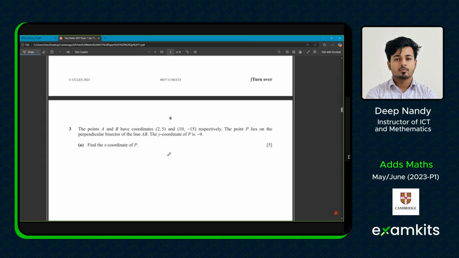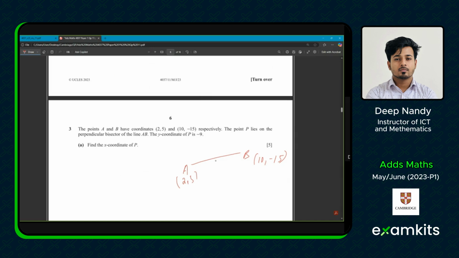Now moving on to question number 3. The points A, B have coordinates (2, 5) and (10, minus 15) respectively. The point P lies on the perpendicular bisector of the line AB. The y coordinate of P is minus 9. Here we have a line defined as AB, where A has coordinates (2, 5) and B has coordinates (10, minus 15).